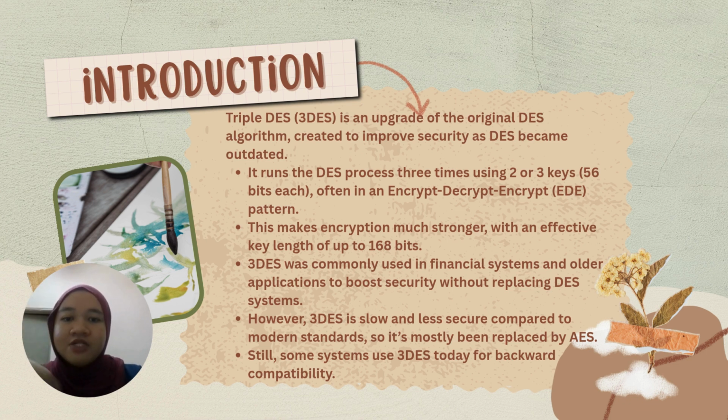This made encryption much stronger, with an effective key length of up to 168 bits. 3DES was commonly used in financial systems and other applications to boost security without replacing the DES system. However, 3DES is slow and less secure compared to modern standards, so it has mostly been replaced by AES. But some systems still use 3DES today for backward compatibility.